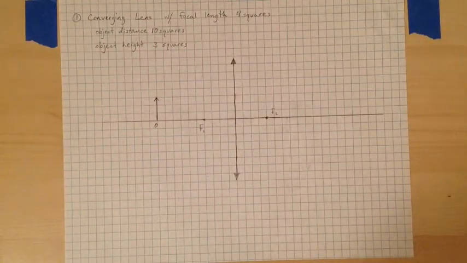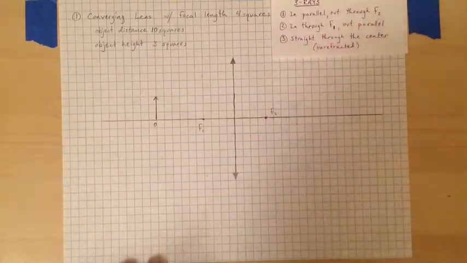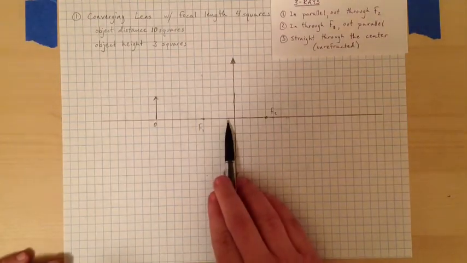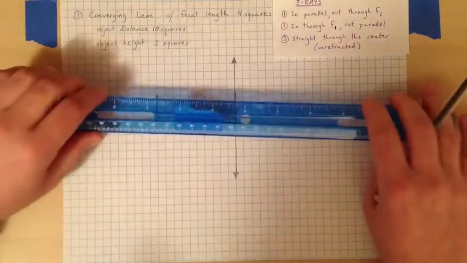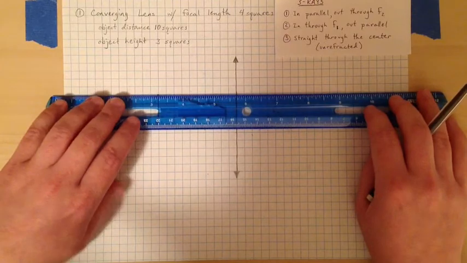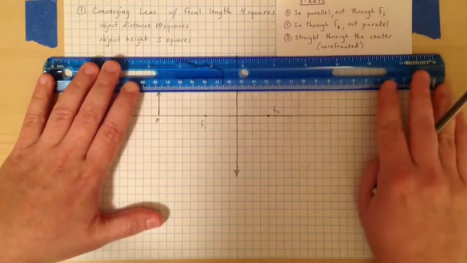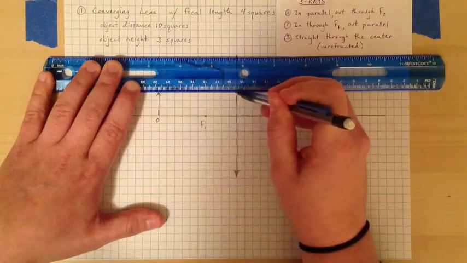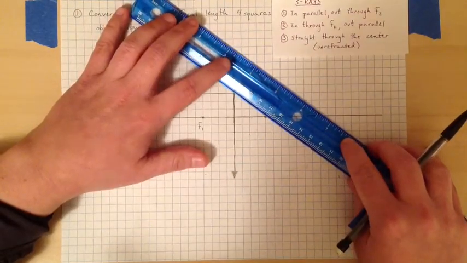So, the 3 rays that I need to draw. The first one goes in parallel and out through F2. So my focal length is 4 squares, so I put F1, 1, 2, 3, 4 squares away. And then F2 is on the other side, the same thing, 4 squares away. So I draw my ray. It goes in parallel and out through F2.